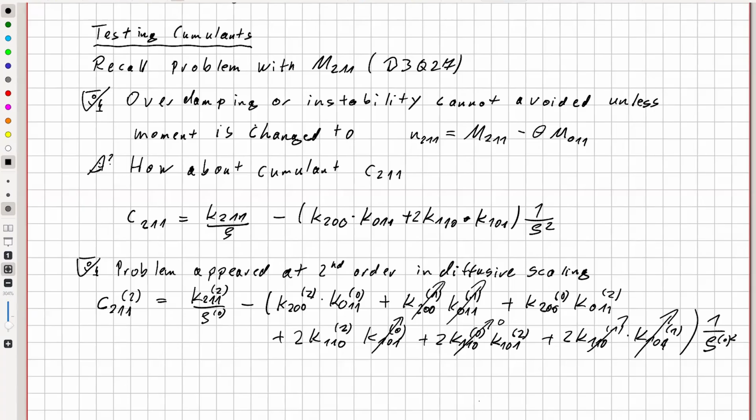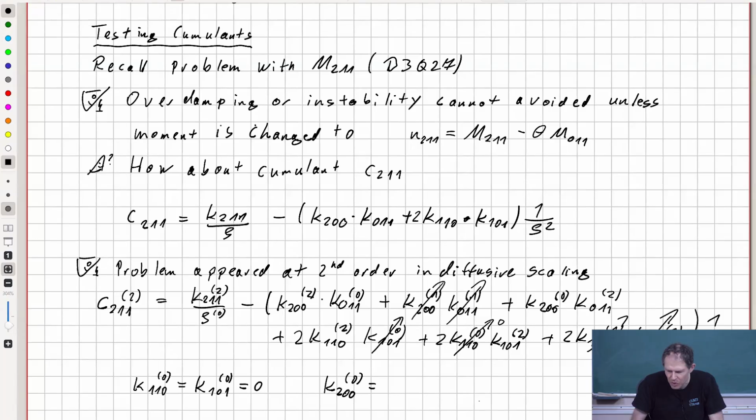Now this K110, as I just said, is the same as K101 to 0 order. So at 0 order, they do not exist. But one thing that exists at 0 order is K200. What is K200 at 0 order?